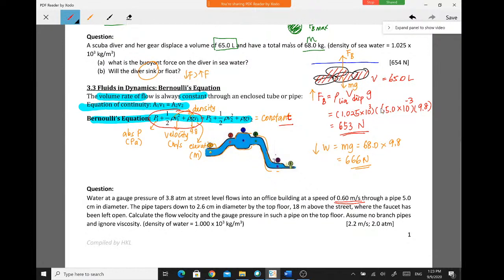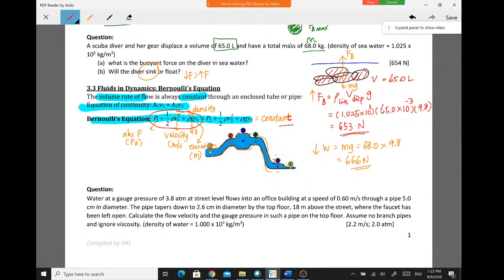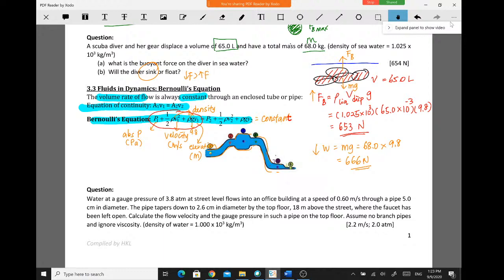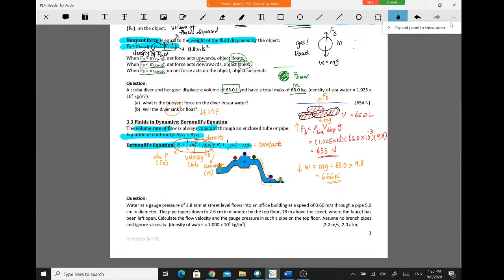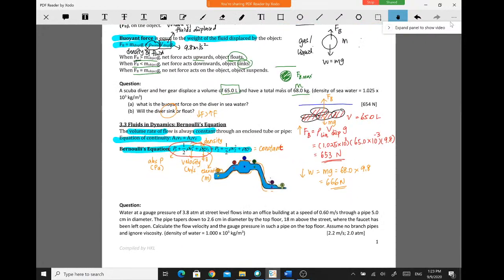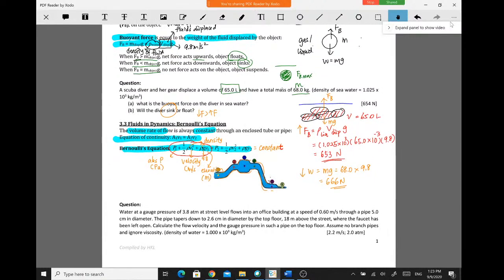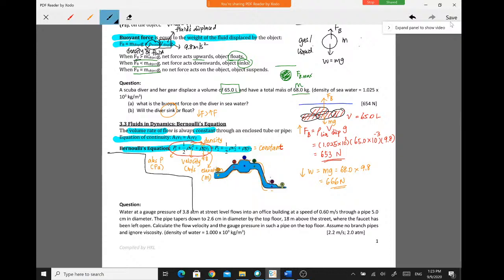Okay, so we can draw the diagram for this one. So I draw here. This is your building.